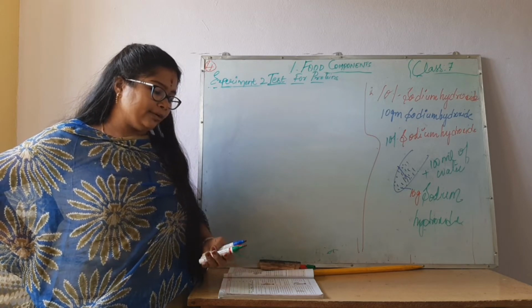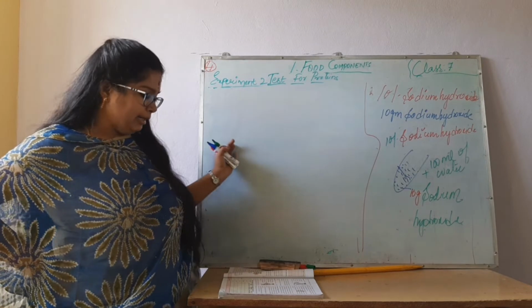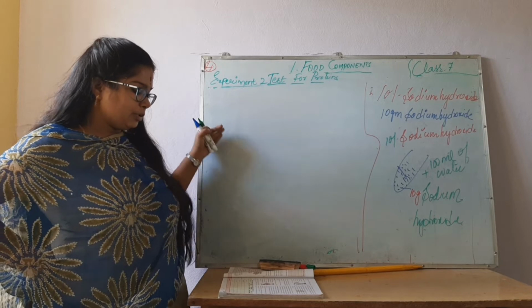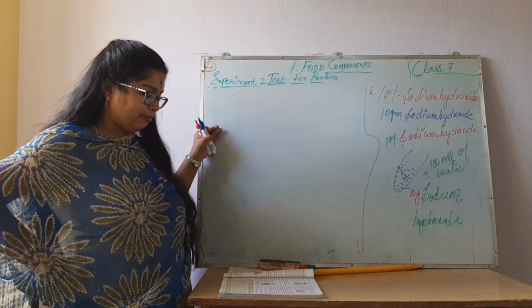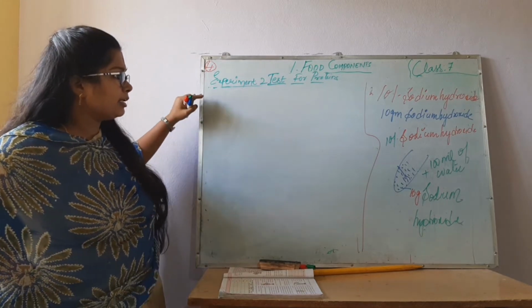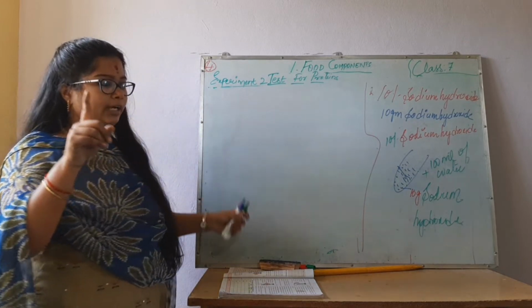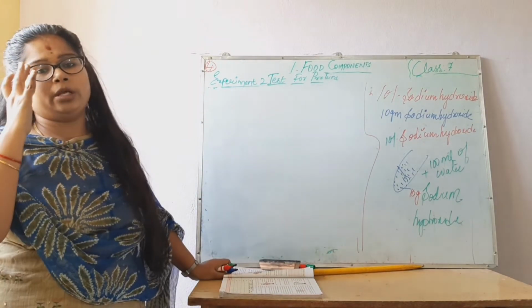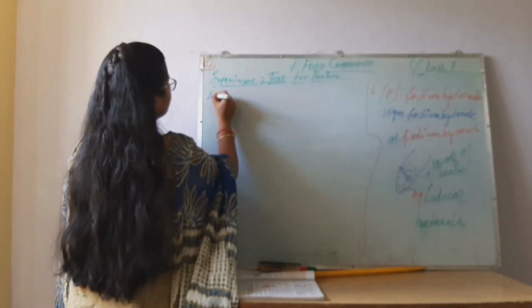Then add 10 drops of this solution in a clean test tube. So you have made that. After making this, you take the 10% sodium hydroxide solution you have made. For this you need 2% copper sulfate and 10% sodium hydroxide. So, aim.